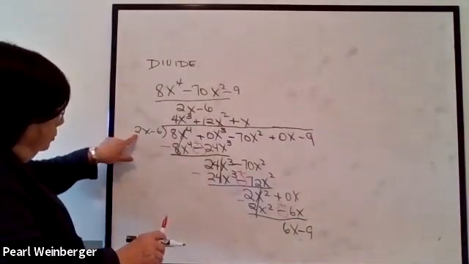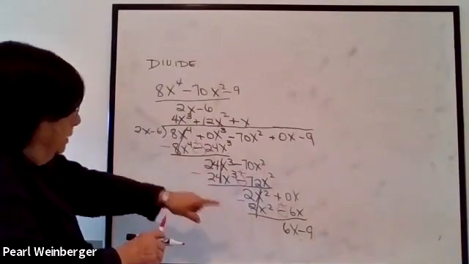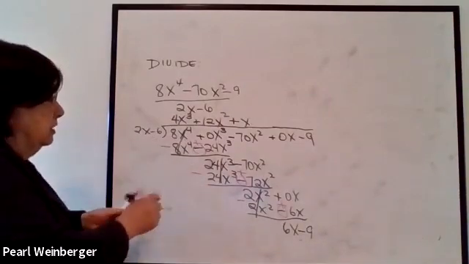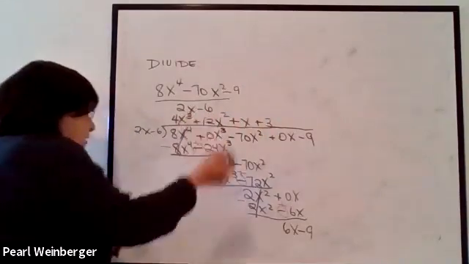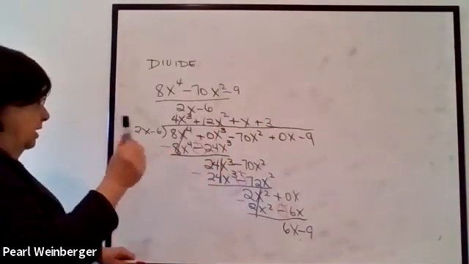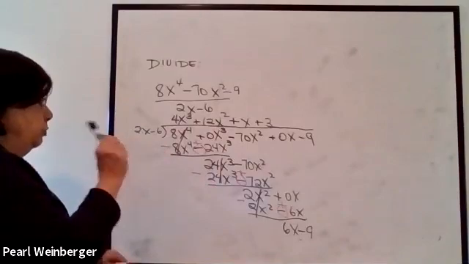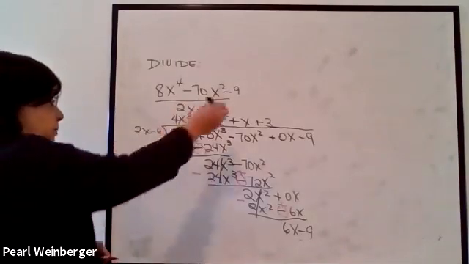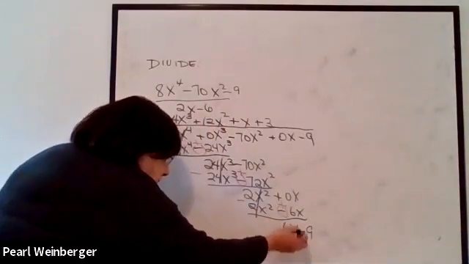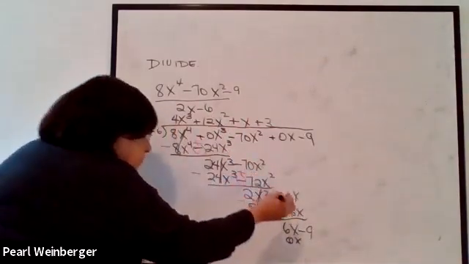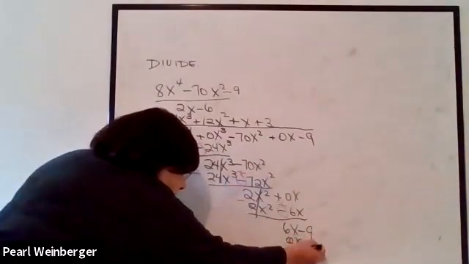So now I divide the 2x into the 6x. So the 2 divides into the 6 and gives me 3. And the x's cancel. Don't forget the x's cancel. So I'm left with 3 on top and multiply everything by the 3. 3 times 2x is 6x. 3 times negative 6 is negative 18.